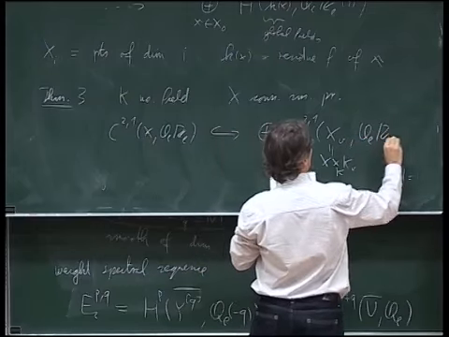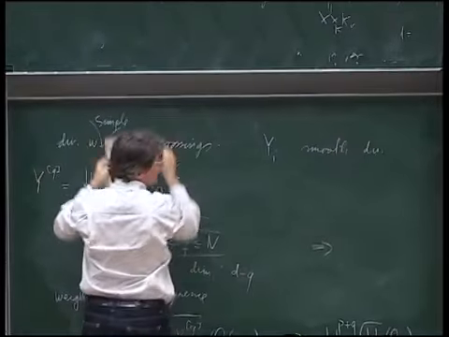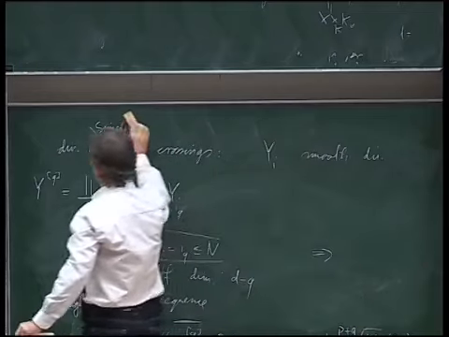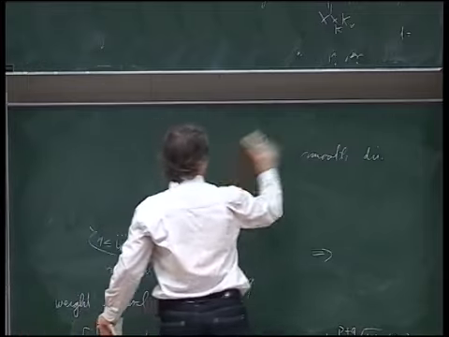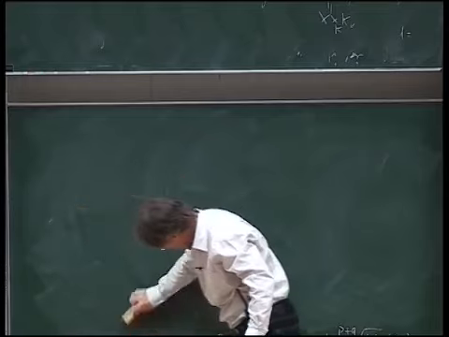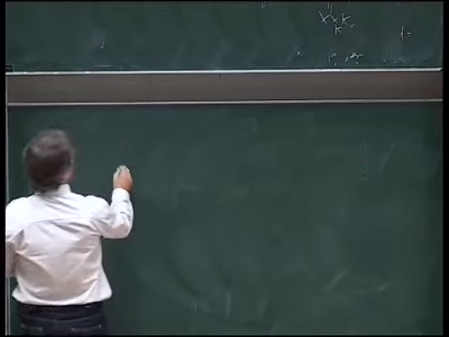That's the first claim. And the second claim is about the co-kernel. This gives the information on the co-kernel for the previous Hasse principle. The map is injective.